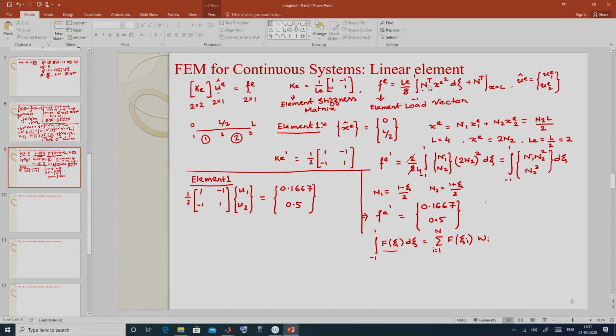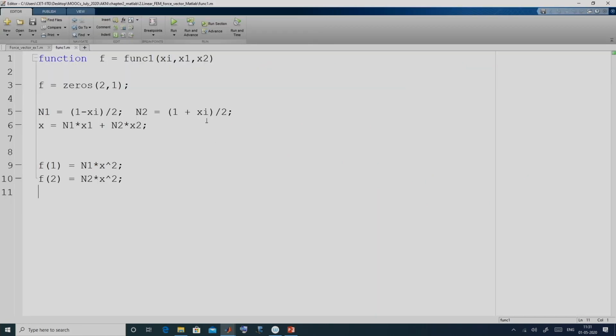If you recall, f1, that is the first element, is N1 x square and N2 x square. This was our integrand, N1 x c square, N2 x c square. So, this function returned the value of the vector integrand at the Gauss point.